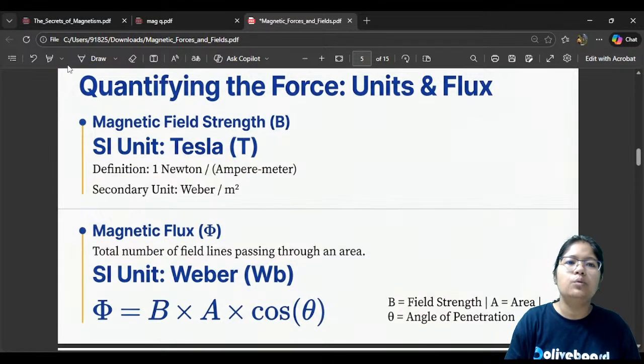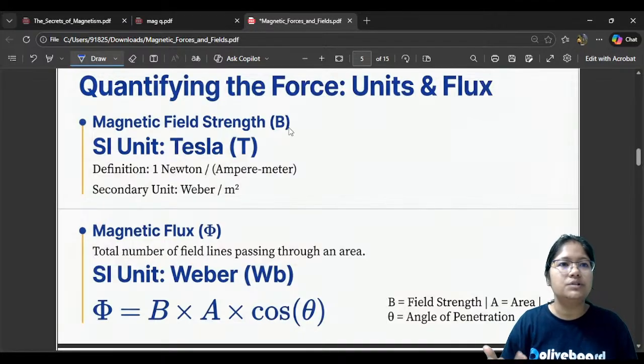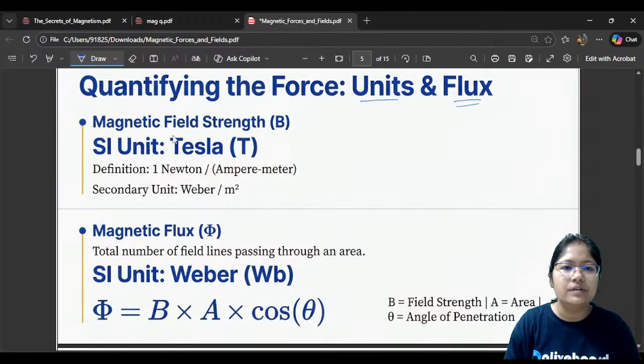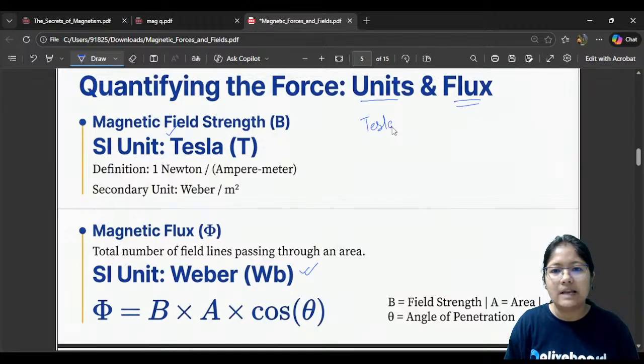If you want to quantify how strong, you can quantify it in terms of units, in terms of Tesla and in terms of Weber.